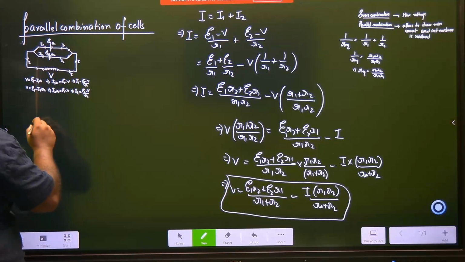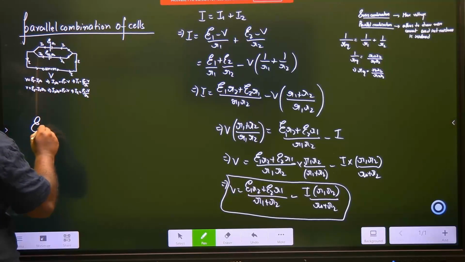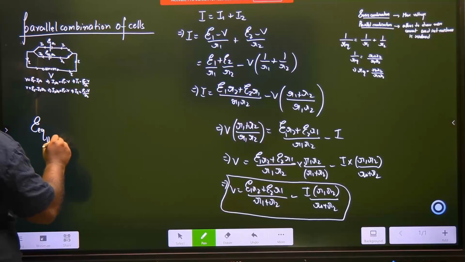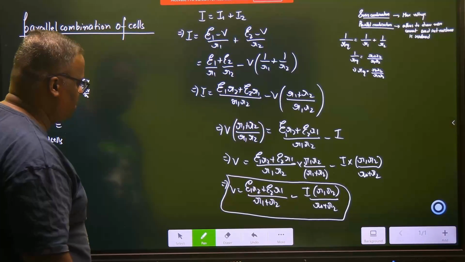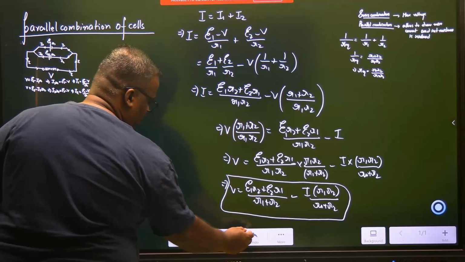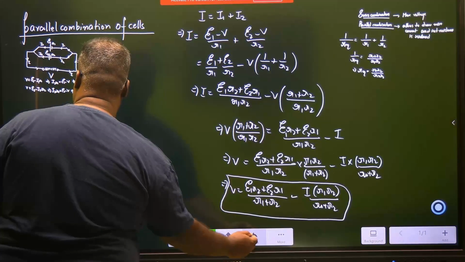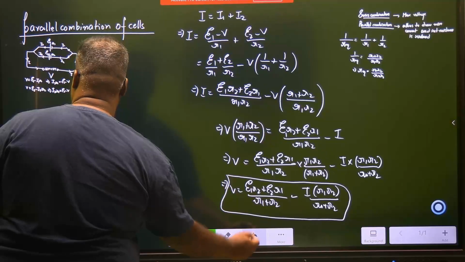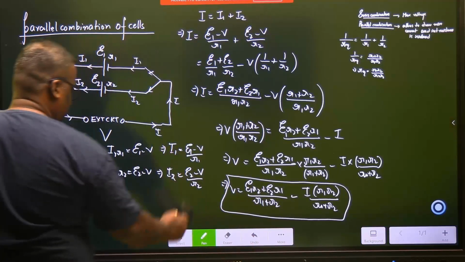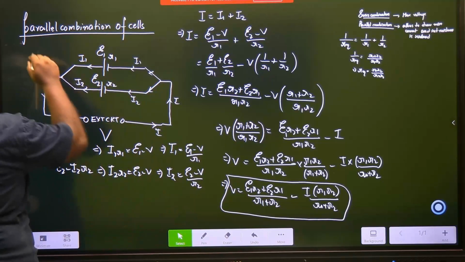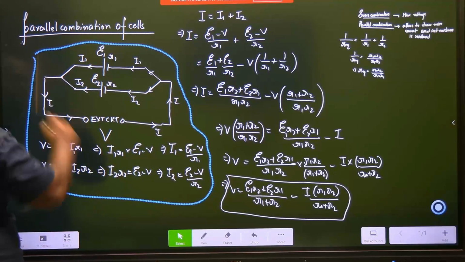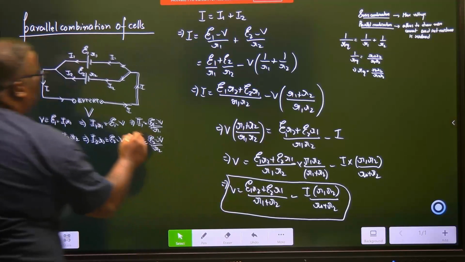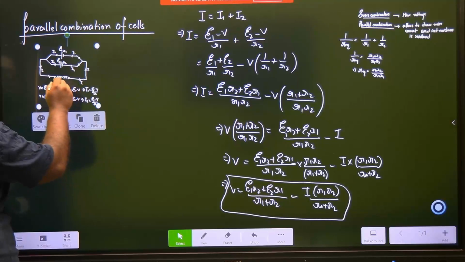I write that the equivalent EMF of parallel combination of cells is given by, okay, parallel combination of cells, or I write it like this. One minute.